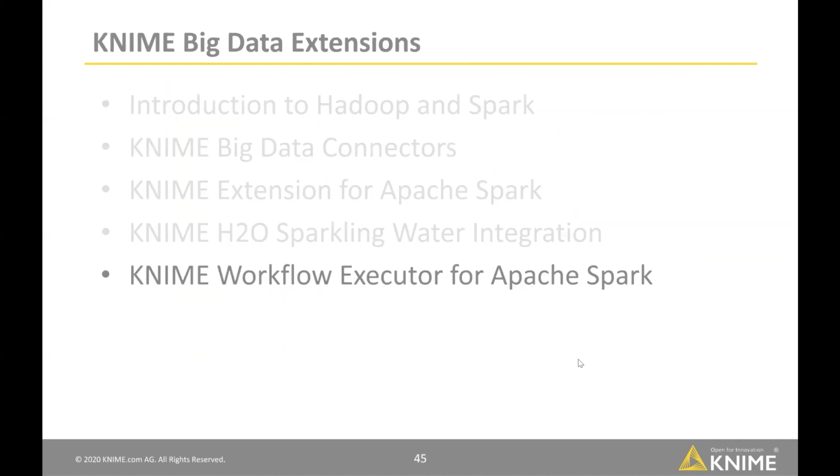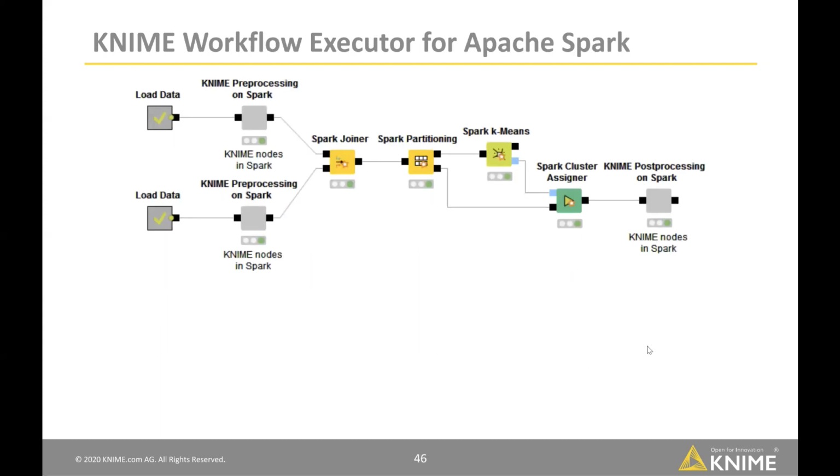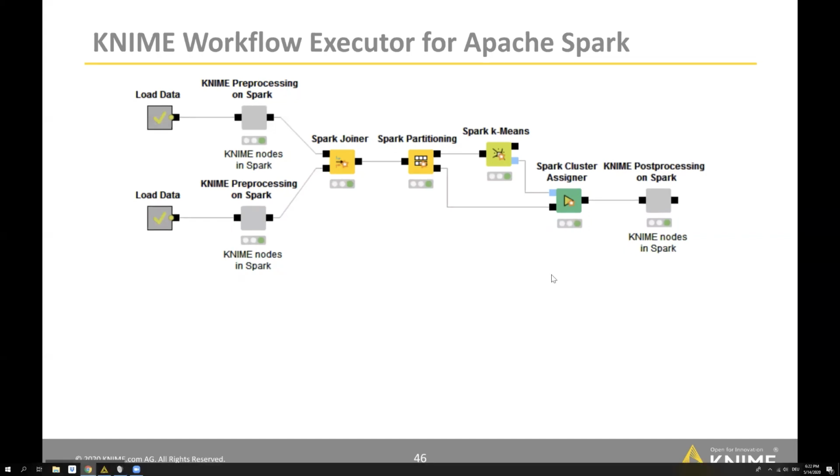And the last puzzle piece for the KNIME Big Data extensions is the KNIME Workflow Executor for Apache Spark. This one also adds a really nice feature to the Spark extension. The main motivation really is that KNIME has thousands of nodes that do various things, and they operate on various data types, whether this is images or sound or text data.